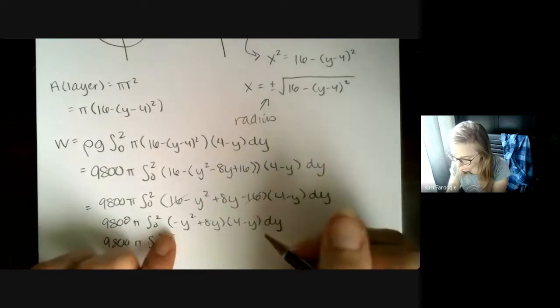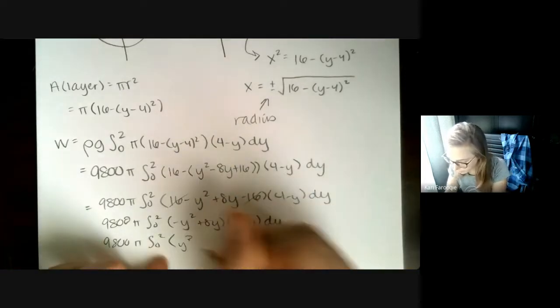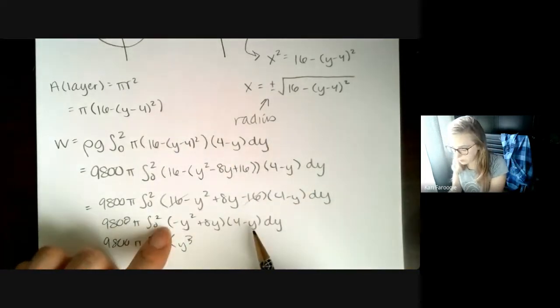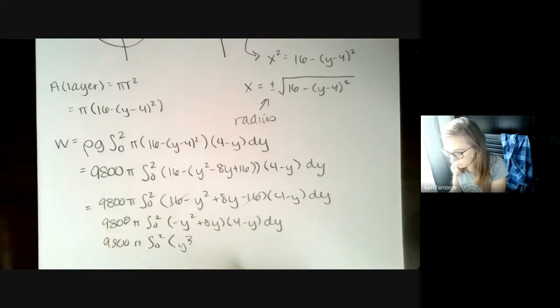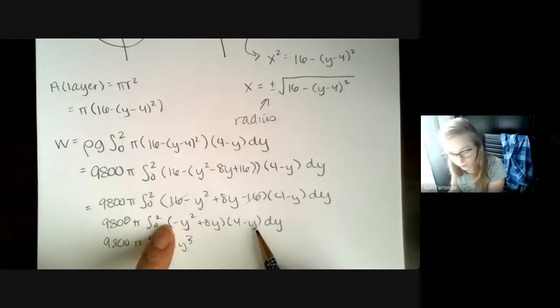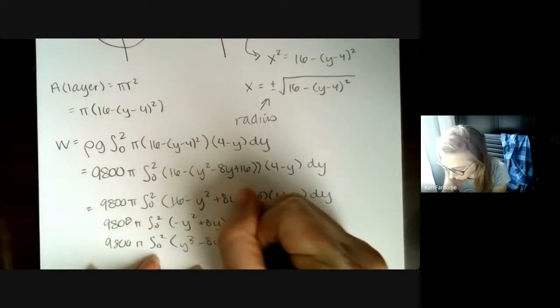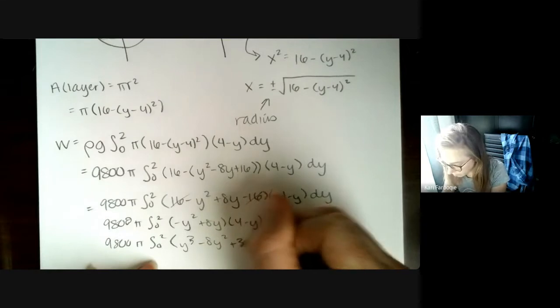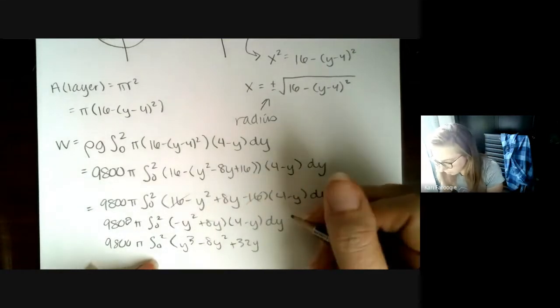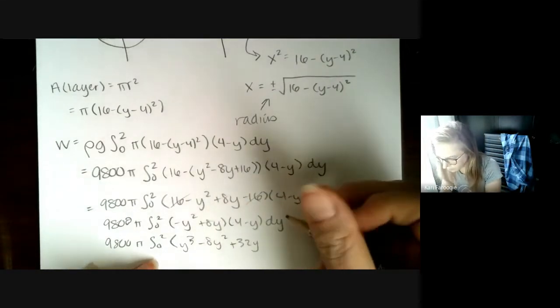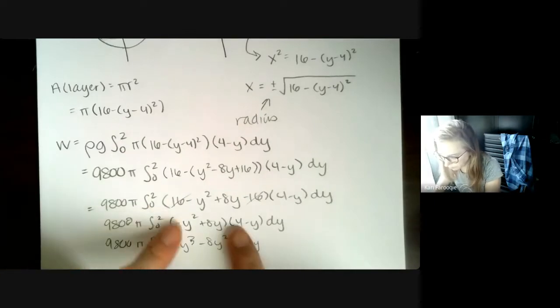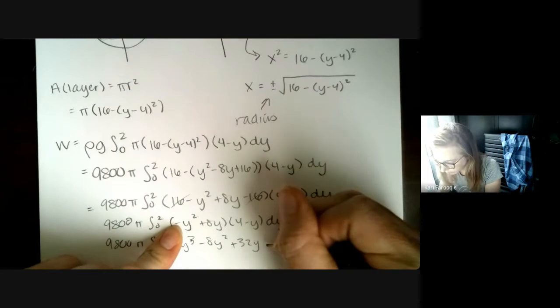So we have positive y cubed. And then the most I'm going to have is y cubed. And then I'm going to move down here to minus 8y squared plus 32y. What did I miss here? First, oh, I didn't get the minus 4y squared. It's fine.